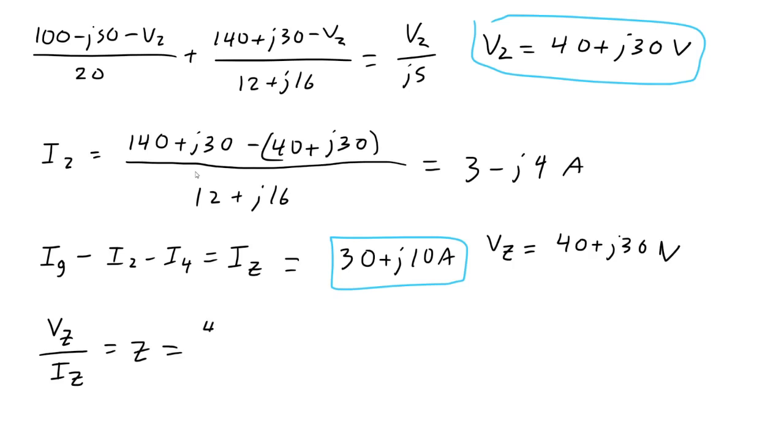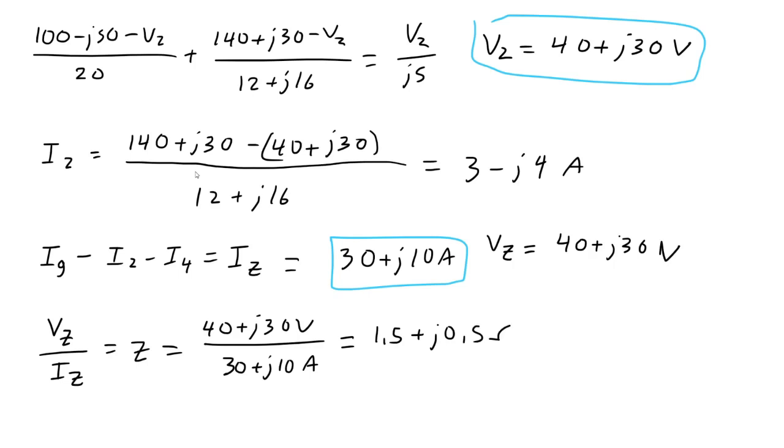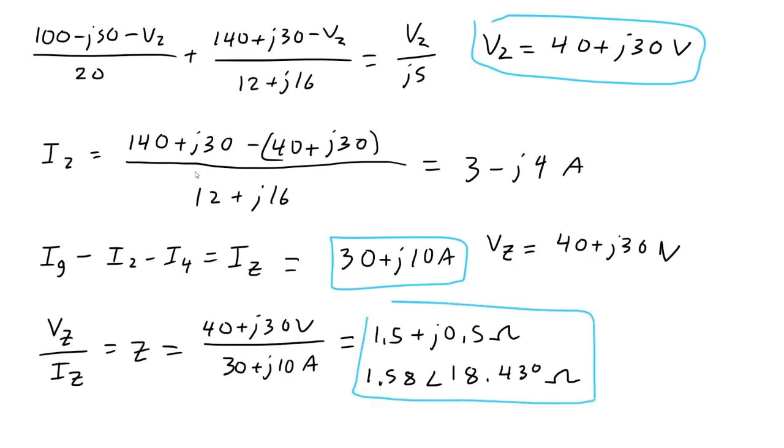So 40 plus J30 volts over 30 plus J10 amperes ends up being 1.5 plus J.5 ohms, or magnitude 1.58 and a phase angle of 18.43 degrees. And that is our impedance.